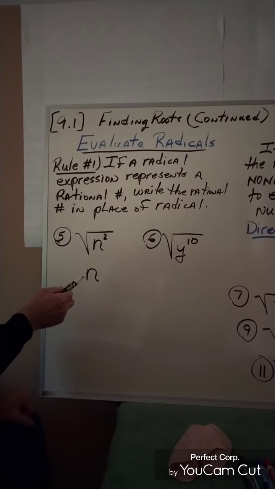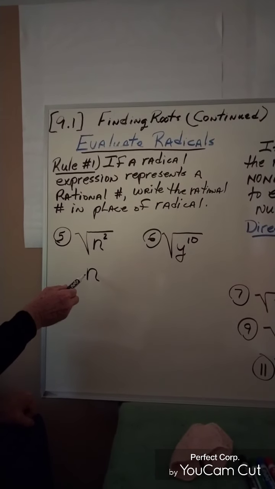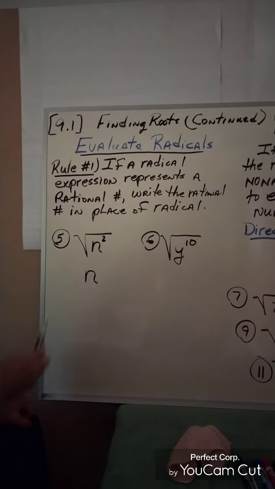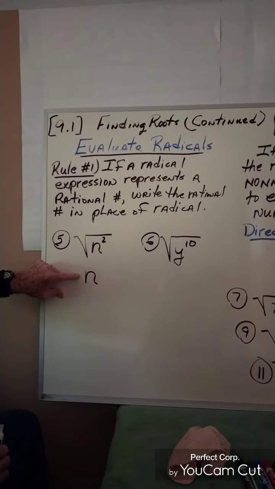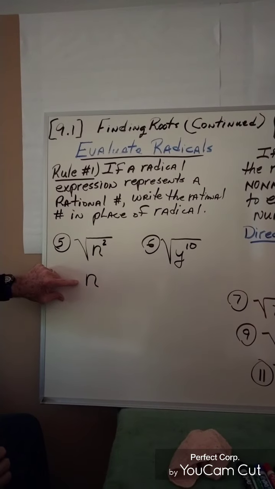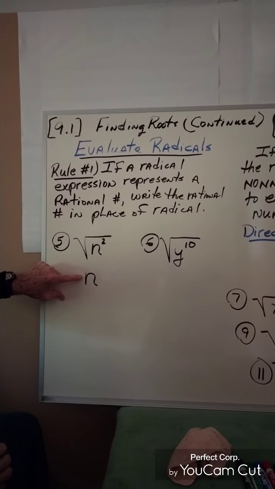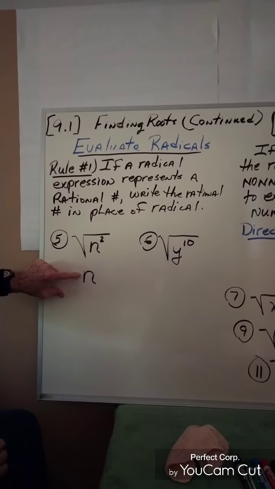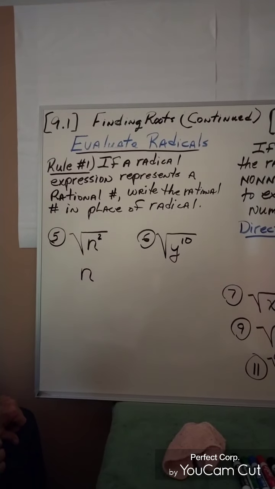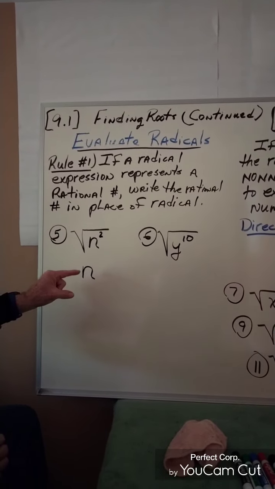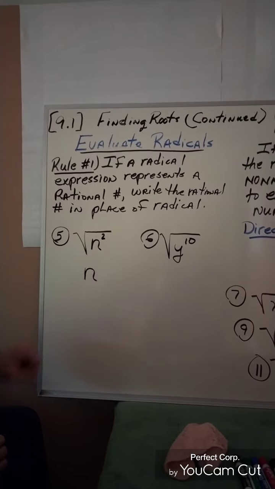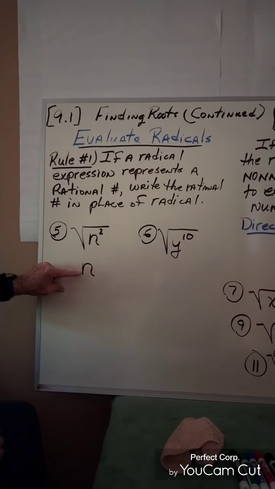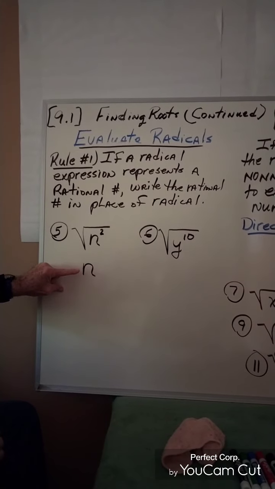But folks, here's the situation that I want to introduce you to for just a moment. The definition of a variable says that a variable can vary in sign. A variable can represent any number. It can represent a positive number, it can represent 0, and it can represent a negative number.